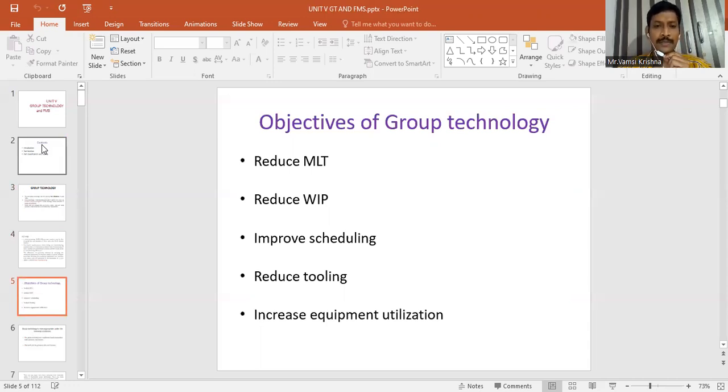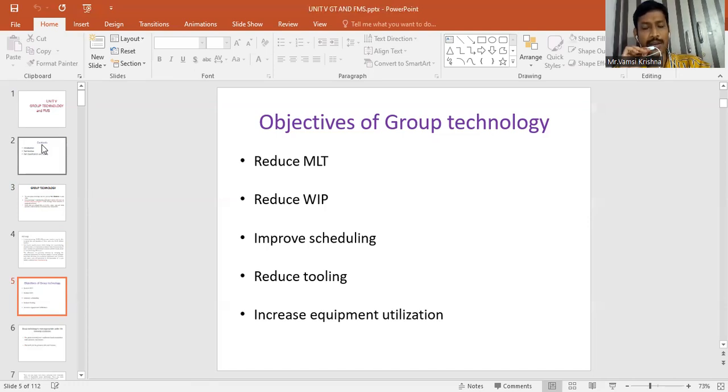Machine lead time means, whenever you are manufacturing any component, we are going to mount a raw material, and then the machining process will be performed. Once the machining process is performed, it will be removed from the machine so that we can place it onto another machine.